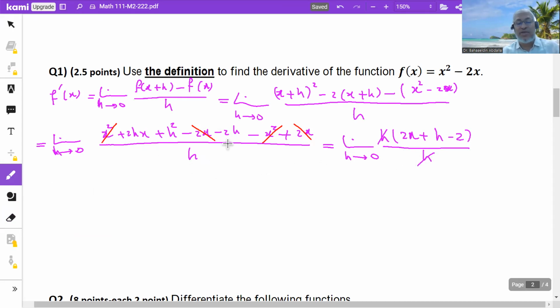You cannot cancel h with any of these h's before because there is a plus and minus. But now you can cancel h with h. And the limit is there, keep it there, so you can replace h by 0 now in the final step. So when you replace h by 0, you get 2x minus 2. So that's the answer of the first question.